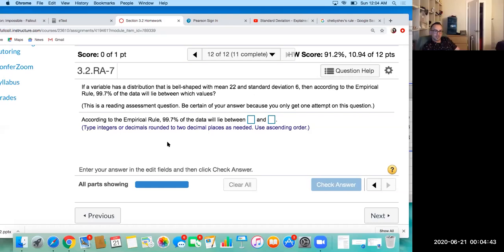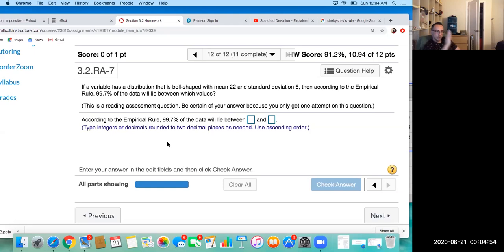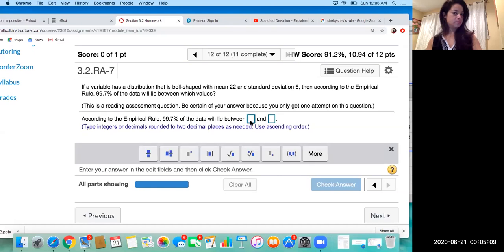It's called the 68, 95, 99.7. Those three numbers refer to 1, 2, and 3 standard deviations. Is that what it's asking? Because 99.7 is 3.